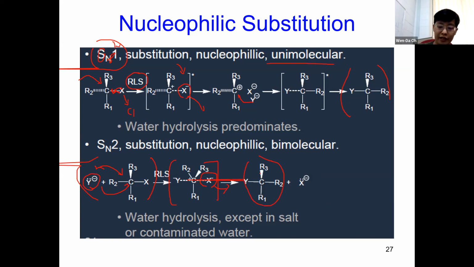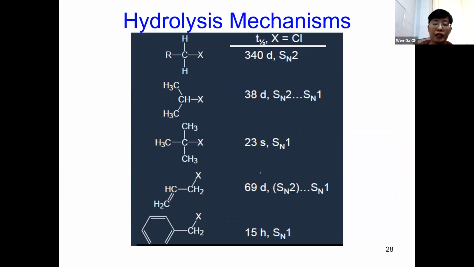So typically SN1 and SN2 reactions are very common in the environment. Of course, we still have other reactions like elimination reactions, but those are less common. In terms of the mechanism of hydrolysis, we have a different half-life depending on what kind of structure you have.